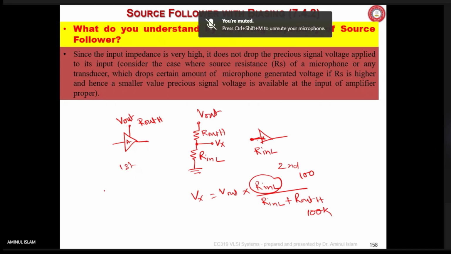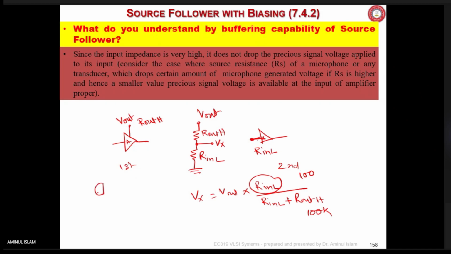The way I was telling, this is a microphone and it has a source resistance. This microphone has a coil inside it, and for that it has resistance.